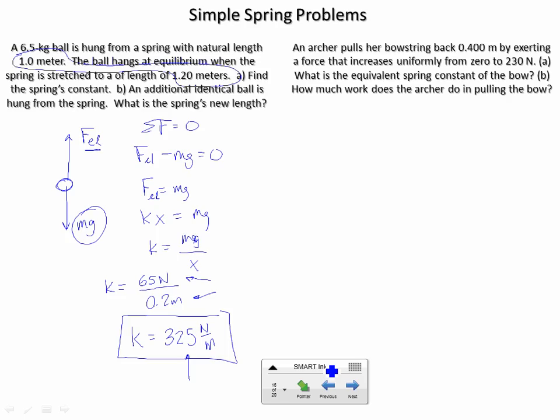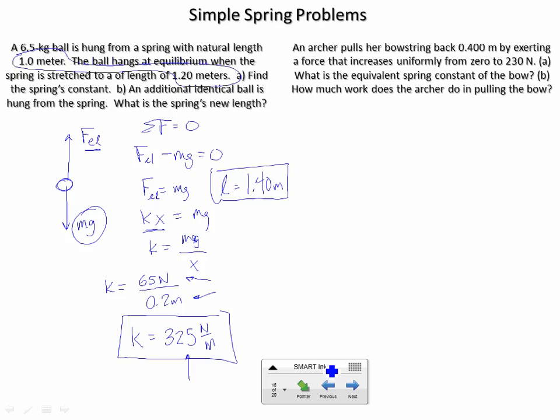To be in equilibrium, FEL will have to be twice as much, and therefore if FEL is twice as much, then Kx has to be twice as much, and that means x just has to be twice as much. Now it's 1.4 meters long. So there's our answer for B. We're just trying to get to that idea that the force applied by the spring and displacement are proportional.